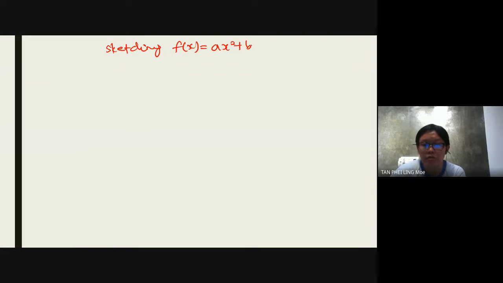For this type of graph, first thing you will have to make it become completing the square vertex form, which will be a(x plus p) whole thing squared plus q. Is that okay? So after you have put that into vertex form, you will know from your A. So the sketching part, I will put this as step 1.